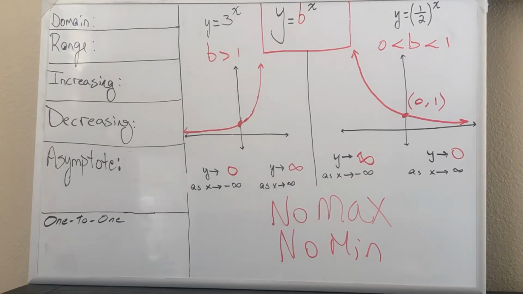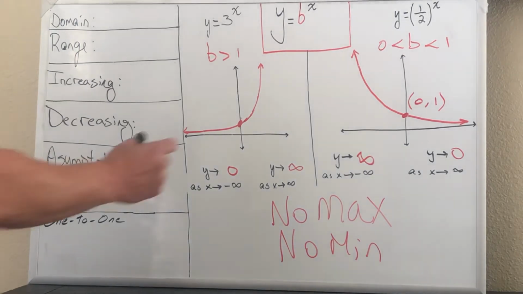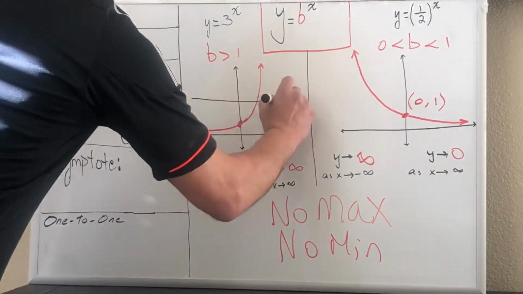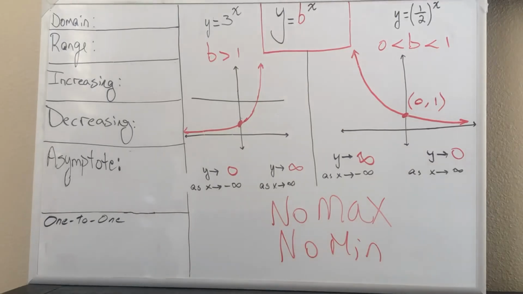Well, how do I check to see whether a function is one-to-one or not? Well, we can look at the graph and see whether the graph passes the horizontal line test or not. What is a horizontal line test? It's a test where you draw a horizontal line anywhere on the graph and see whether that line intersects the graph in more than one place or not.